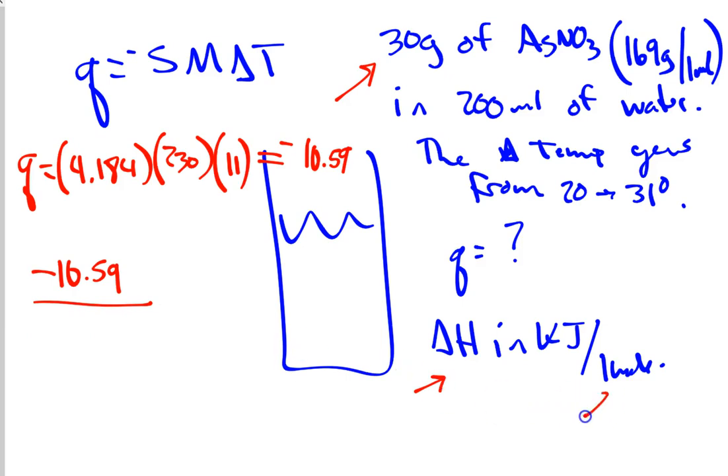So I have to find how many moles are in 30 grams of AgNO3. To do that, I just take 30 and divide it by 169. 30 169ths is equal to 0.17, is that what you said?